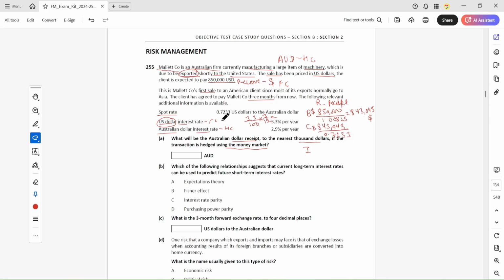Because this amount is in US dollars, the dollar rate should be in the denominator. We would multiply by 1, but the answer will be the same, so there is no need to multiply. So how much? 1,165,554 Australian dollars.